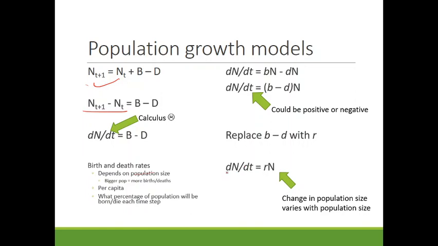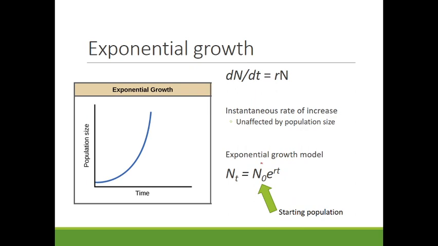Now this equation right here is just the exponential growth equation. And what we see is that this r essentially never changes. It's unaffected by population size, and we'll see why that's important in a minute. But what we get then is this exponential growth model where we have N sub 0, the starting population size, and then e, the base of the natural logarithm.